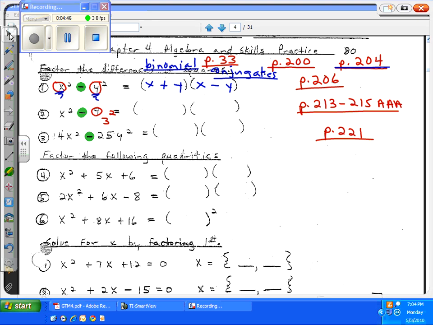Thinking of the 9 as 3 squared, then what we see is the difference between x squared and 3 squared. The difference between two squares factors into binomial conjugates, which is the two items that were being squared, one with a plus and one with a minus. So x squared minus 9 would factor into the binomial conjugates x plus 3, x minus 3.